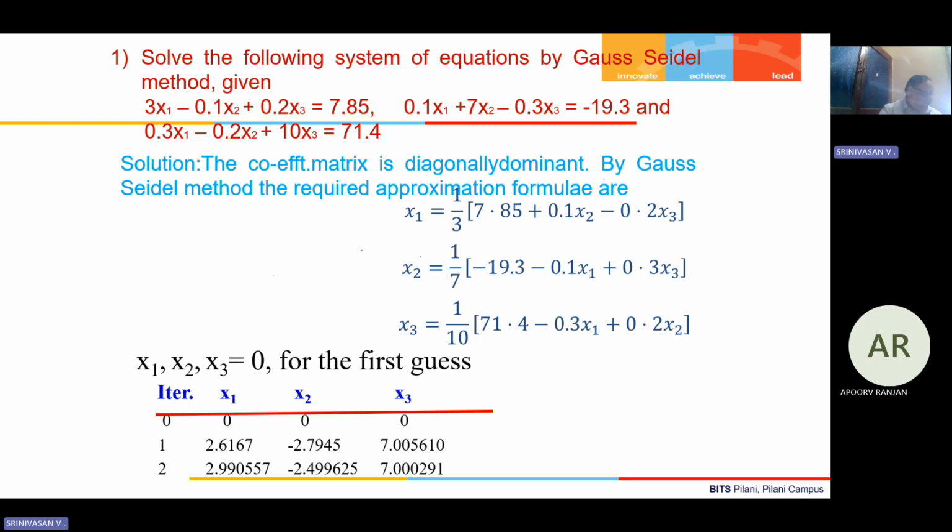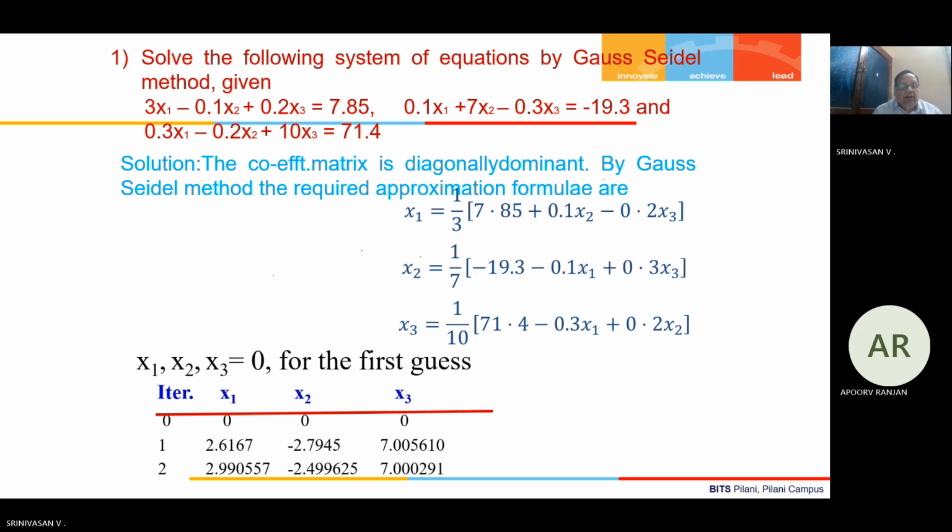Just check. How? Can you just check quickly? 9 minus 0.1 into minus 2.5, so it is becoming plus 0.25. And third one is 0.14.